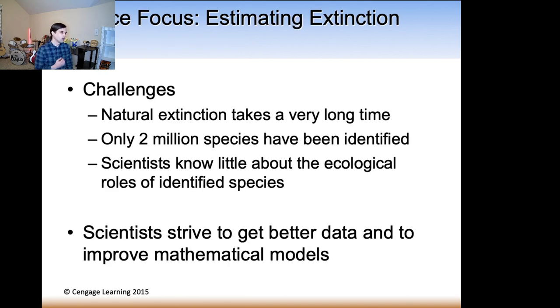So, how do we know that our estimates for these extinction rates are right? We don't, but we know that we've started to see a lot of the organisms around us not there anymore. And we know from our fossil record that natural extinction takes a really long time. We don't see massive amounts of organisms just dying all the time.